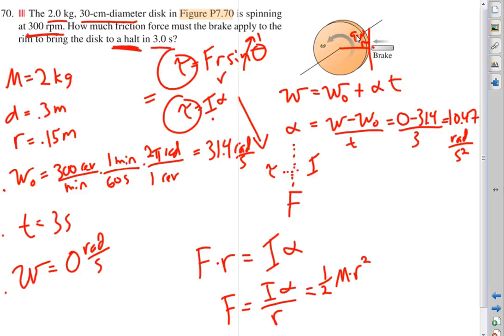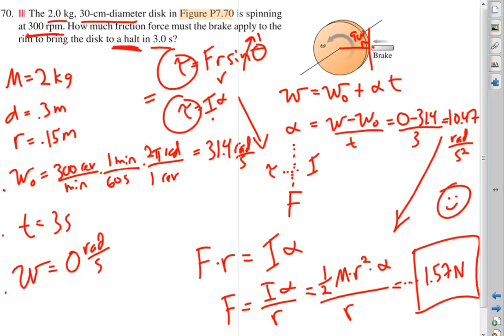Since this is a disk, we're going to use the formula from the textbook, 1/2 m r squared for disks, for the moment of inertia, times the alpha, which we obtained a little bit earlier, divided by the radius, and we end up with an answer of 1.57 newtons. That's the force that will be required in order to affect an angular acceleration, which will slow this down to 0. So thanks for watching. I hope you enjoyed it.